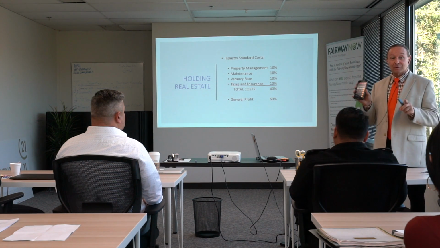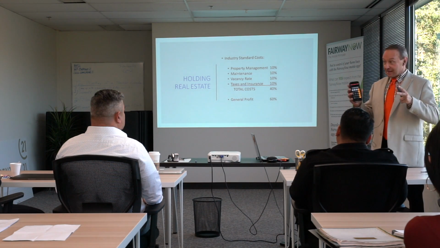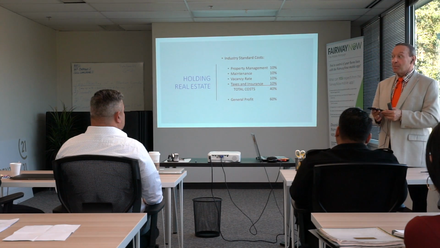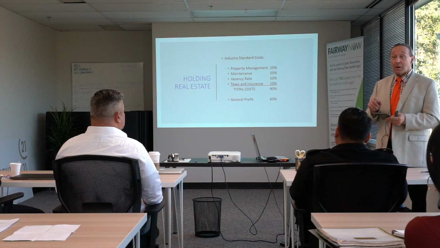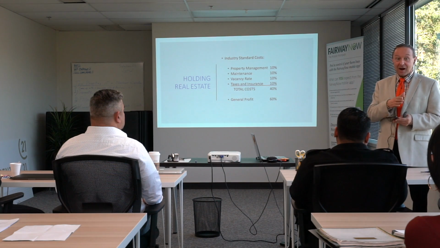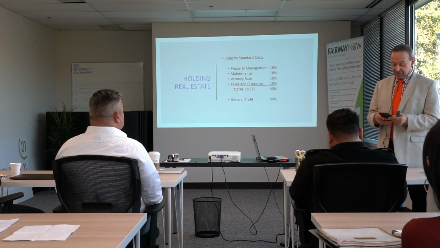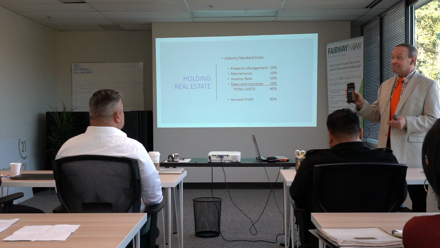That $60,000 in net income annually makes that building at a 6 cap worth $1 million. Capitalization rate. Right now in this area, a lot of it's in the 5%, some of it's in the 4s. So that same $60,000 divided by 0.05 is $1.2 million.